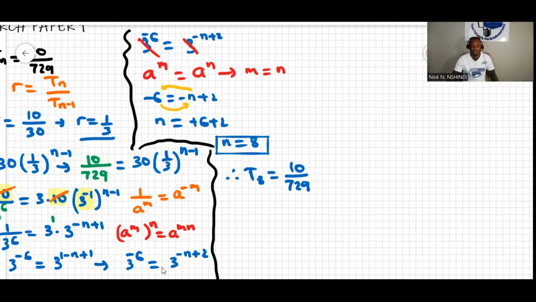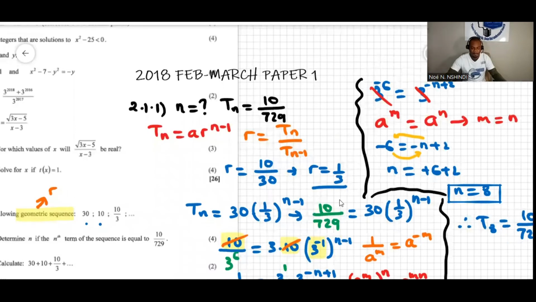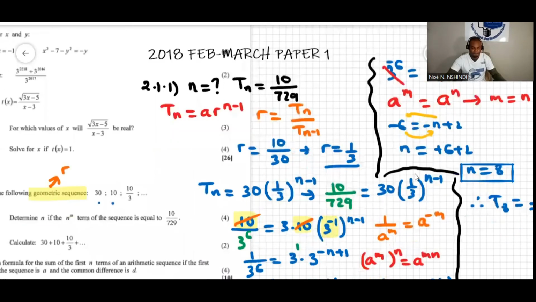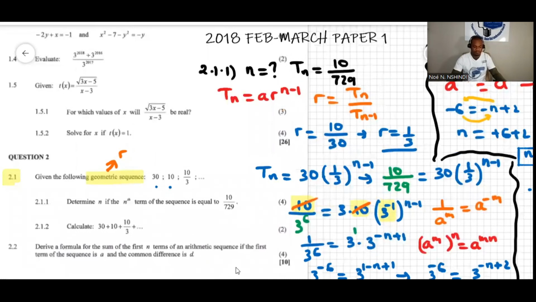Okay. The following question. That was 2.1.1, now 2.1.2. The question says: calculate 30 plus 10 plus 10 over 3 plus dot dot dot.